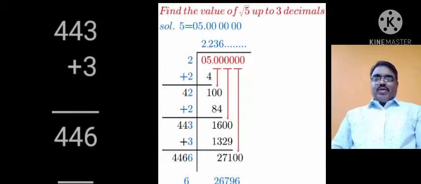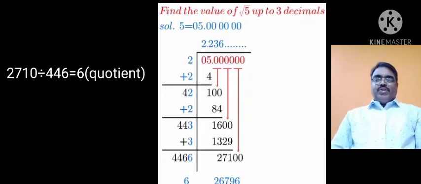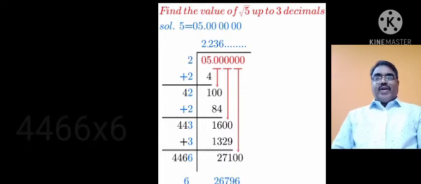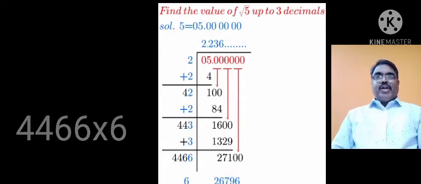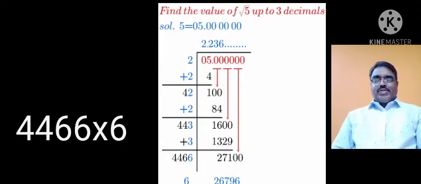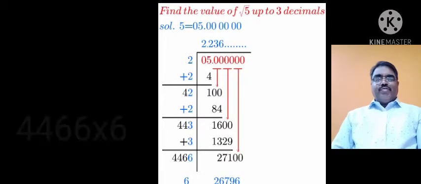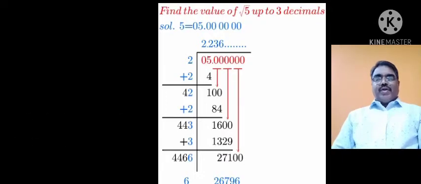Here, 2710 divided by 446, you get approximately 6 point something. Omit the decimal part. Here the integral part is 6. Now 4466 into 6, when you multiply 4466 with 6, you get 26,796, which is very close to 27,100.